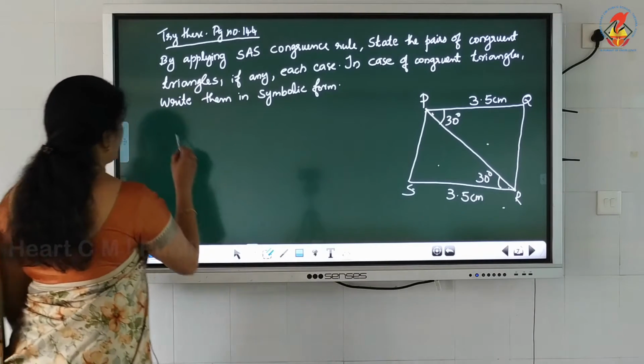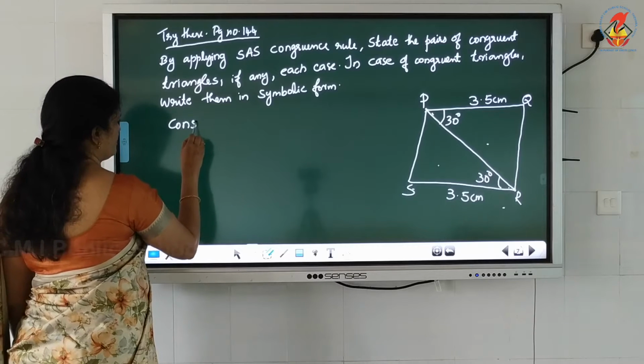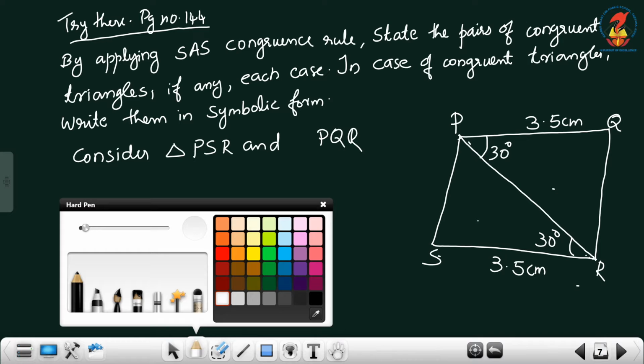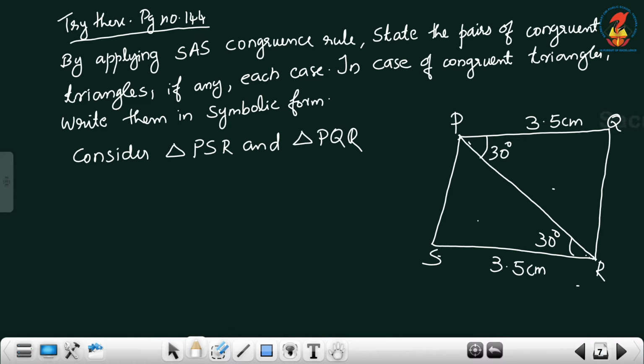Okay, then you can write it. Consider triangle PSR and triangle PQR. SR equal to PQ equal to 3.5 centimeter.